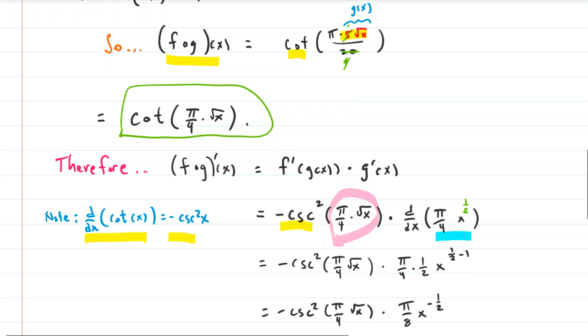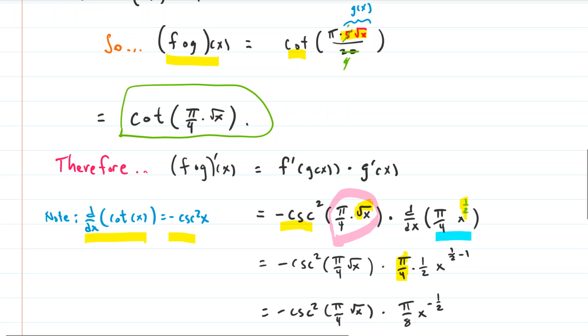So one thing we want to do is change the square root symbol to its exponent form. So instead of having root x, we will have x to the 1/2, and that helps us. So the derivative of pi fourth times x to the 1/2, we just use the power rule now, and we can pull the 1/4 out because it's a constant.